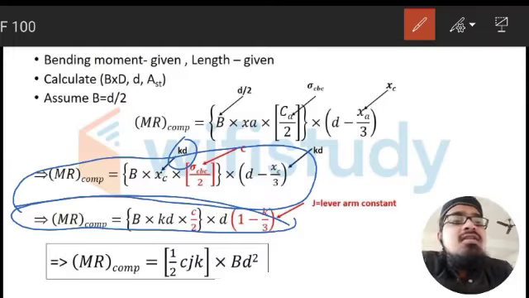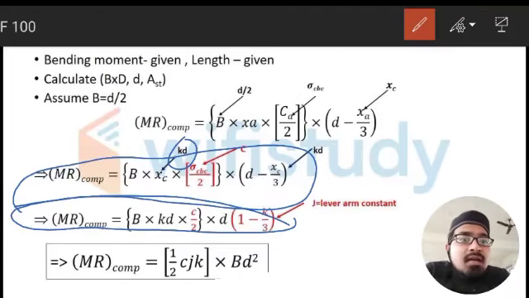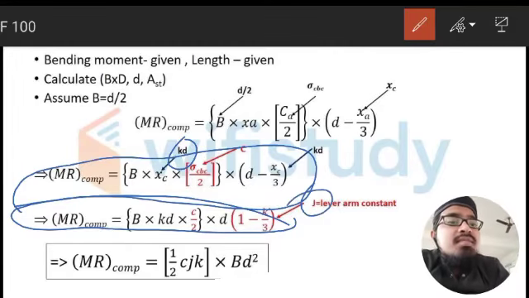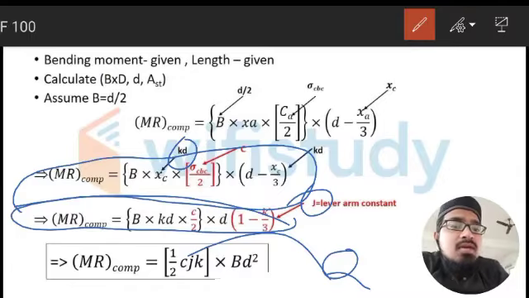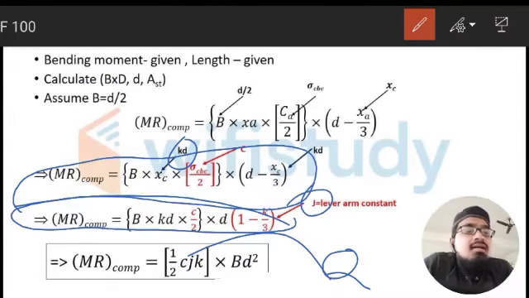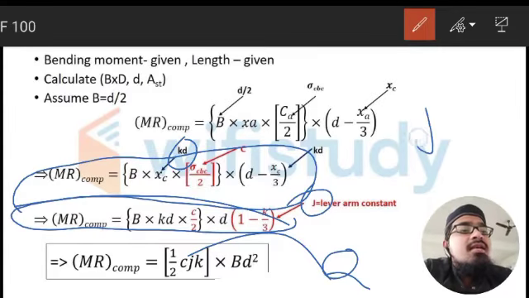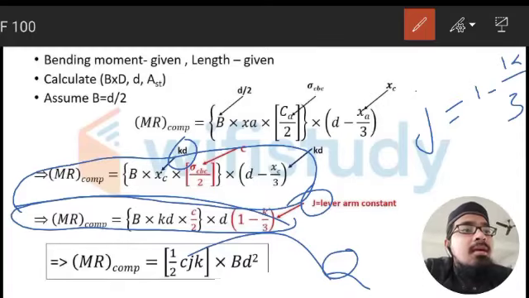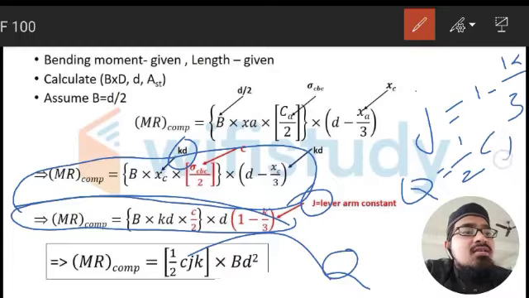Now let us assume another two terms, J is one term and Q will be another term. This half CJK will be indicated as Q in upcoming equations. So the two terms we have considered here are J, which is equal to 1 minus K by 3, and Q is equal to half CJK.